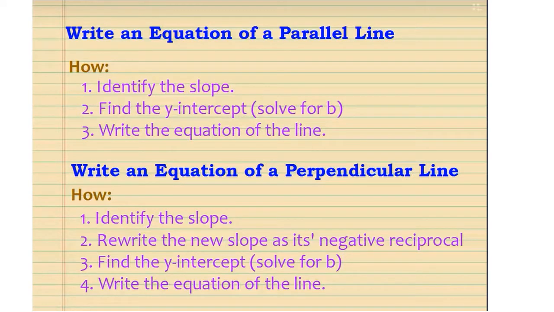To write an equation of a parallel line, we will use our slope-intercept form, y is equal to mx plus b, or we can use our point-slope form, y minus y1 is equal to m times x minus x1. In either case, we will need to find a slope and an independent point.